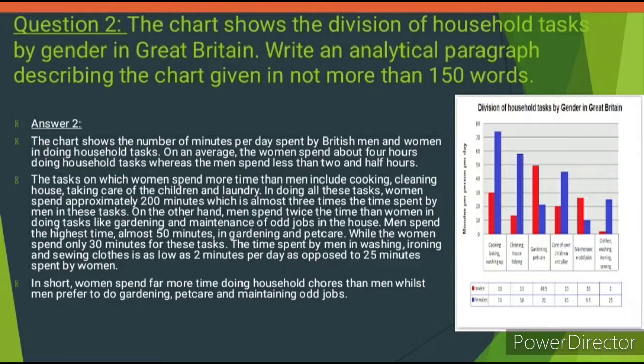So here also you have to begin like, the chart shows the number of minutes per day spent by British men and women in doing household tasks. And then in the main body you can write, the tasks on which women spend more time than men include cooking, cleaning house, taking care of the children and laundry. In doing all these tasks and so on.